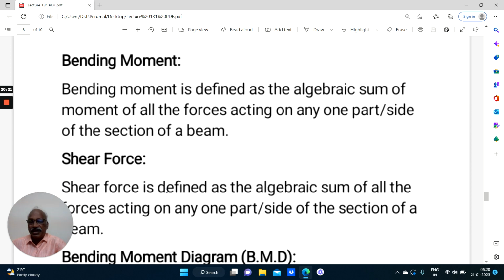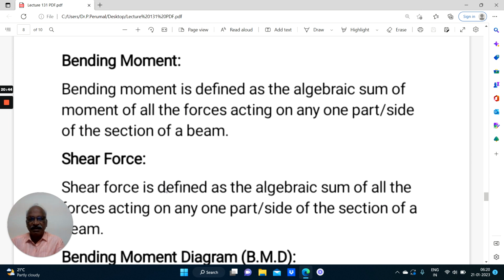Right. Now, coming to the definitions, bending moment is defined as the algebraic sum of moment of all the forces acting on any one part or one side of the section of the beam. Only later I realized I have not provided a sketch here. That would have been more useful.